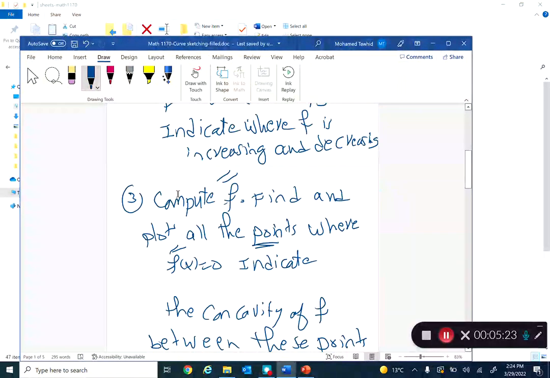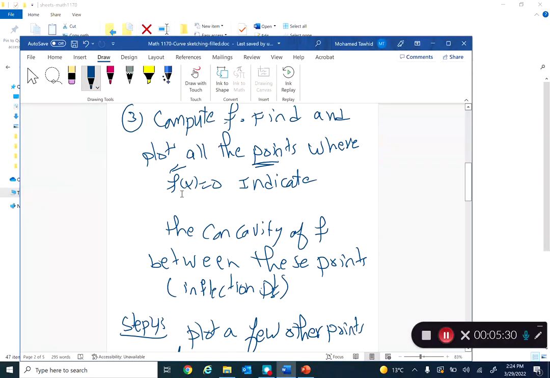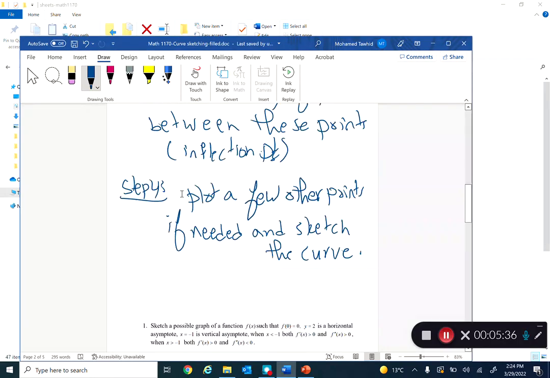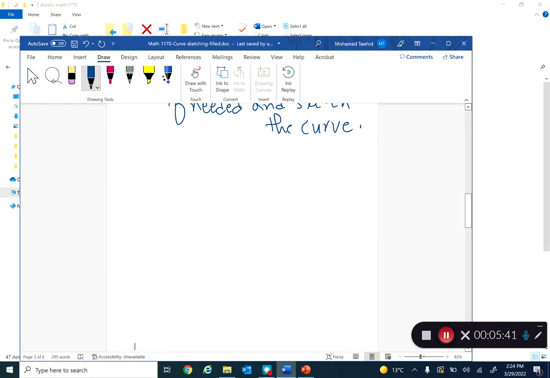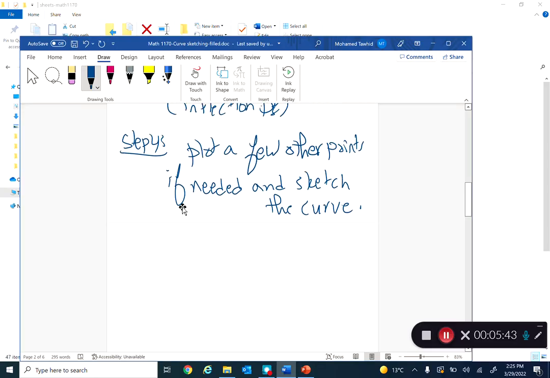Step number 3, compute the second derivative and find the inflection points, plot them, and find the intervals where f is concave up and concave down. And step number 4, extra: take more points between the critical points or inflection points so that you get x and y values and can sketch the graph.